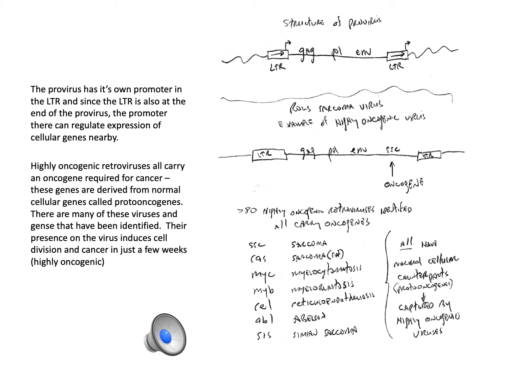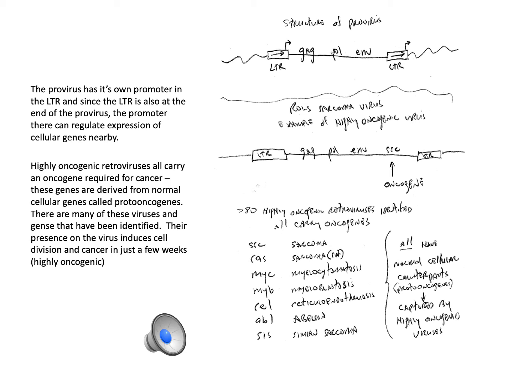Normal cells have genes that are RAS. Normal cells have a gene called MYC. So all of these genes that the retroviruses have are present in normal cells. They're not called oncogenes, they're referred to as proto-oncogenes, because as they exist in the cells, they don't cause cancer. Apparently they're doing something else very important.